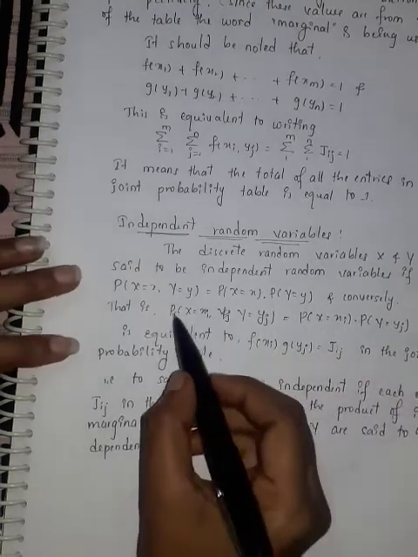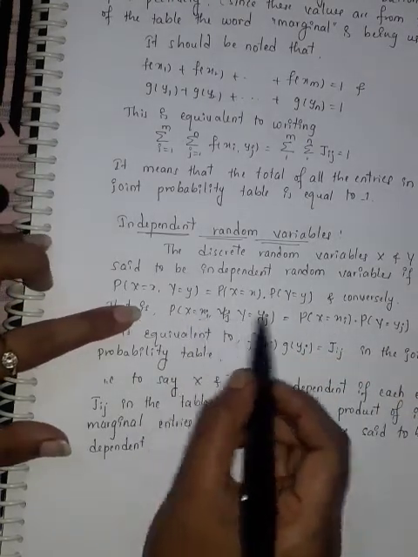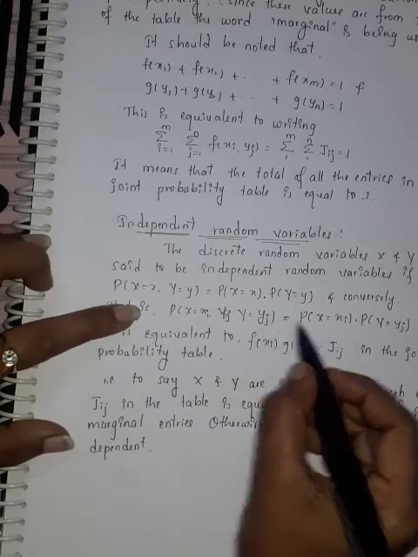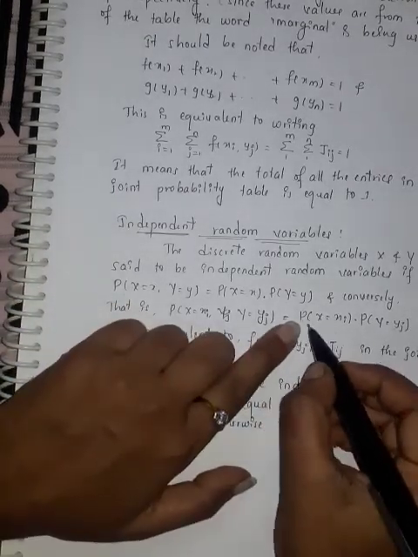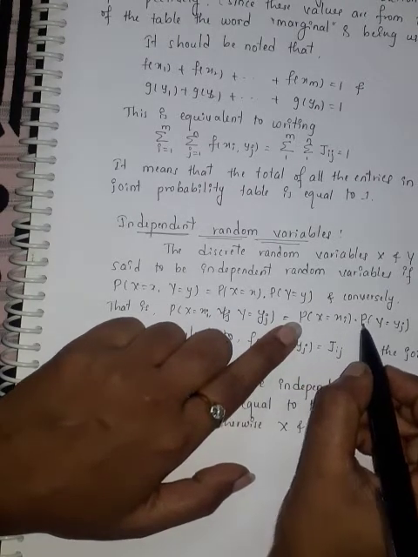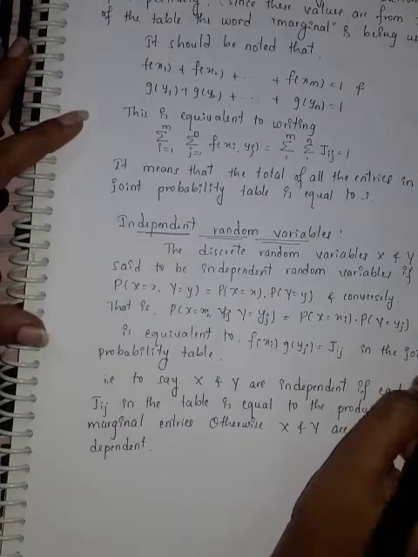That is, the probability of X equal to xi, Y equal to yj, in general, can be written as the probability of X equal to xi into the probability of Y equal to yj.